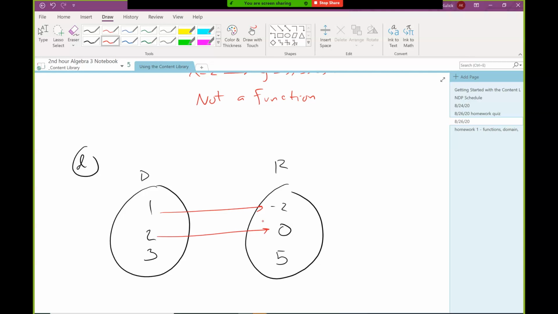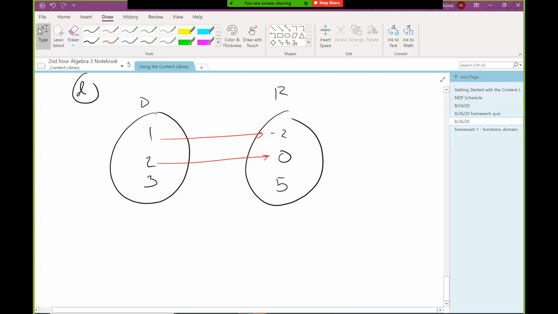Is this a function? No. Why not? We have an item in the domain that's not paired with anything, right? So it doesn't matter that the 5 over here isn't paired with anything, only about the 3.